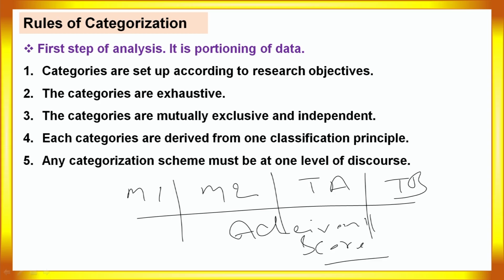So, that is your categorization scheme. If you look into it, there is more than one variable in one category. So, this type of categorization scheme is not a valid categorization scheme.